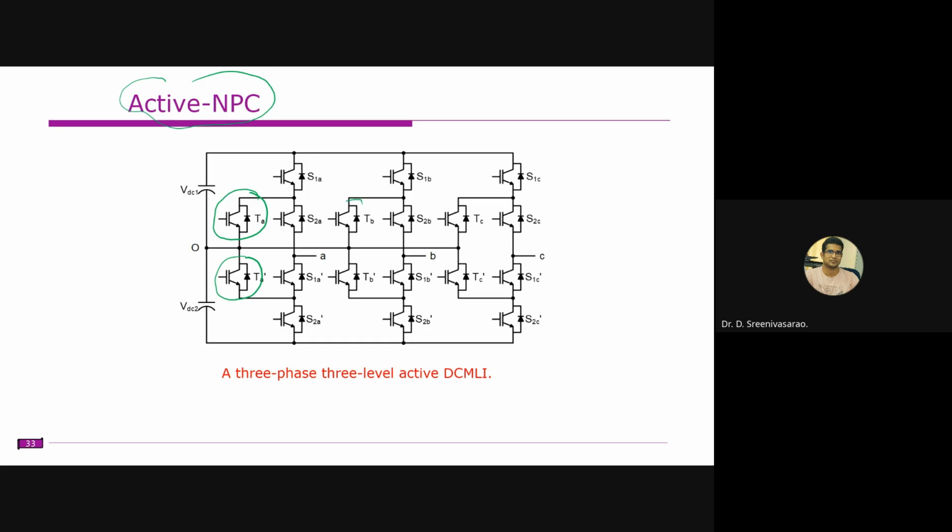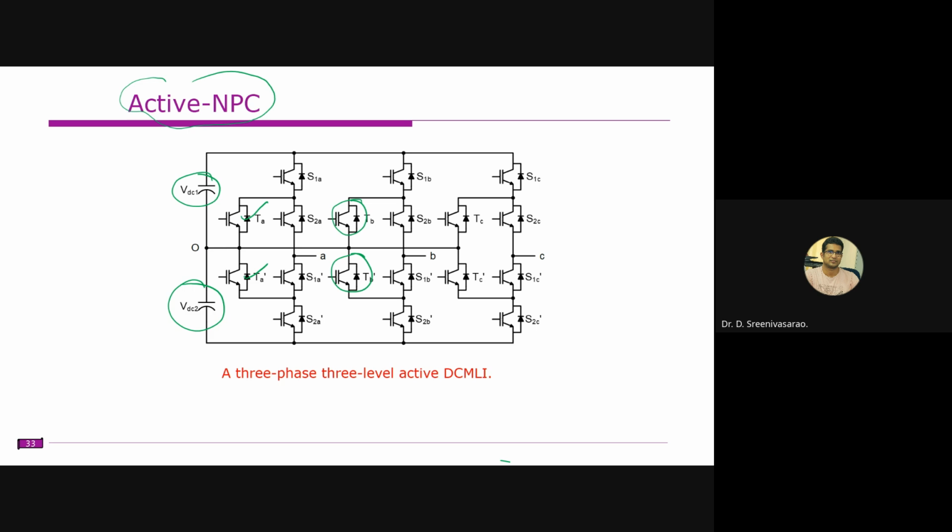All these are replaced with active switches along with the anti-parallel diodes. Now we can actually control the current flow. Depending on your requirement, we can turn on this switch or this switch, so that we can balance the capacitor voltages. This is how we can improve the performance and balance the capacitor voltages or the DC sources.